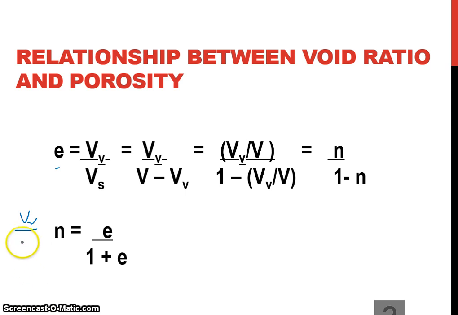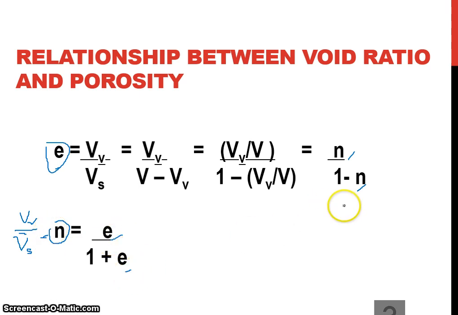So we can relate these two. We know that V sub s is actually V total minus V sub V, so that's why we can have n in terms of the void ratio definition. Similarly, we can also derive porosity from the void ratio terms.